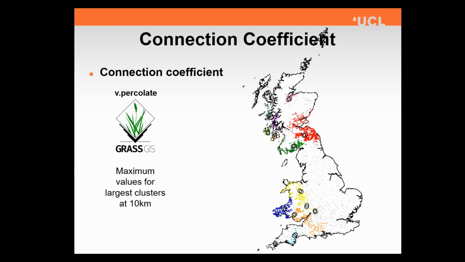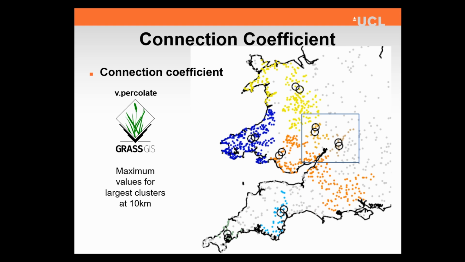some interesting results. So if I look at the clusters of hill forts at 10 kilometres, what I've plotted in those circles are the sites of maximum connectivity for the top 15 clusters. If we just remove the other ones, it's highlighting some sites that we can go and look at and investigate in more detail.